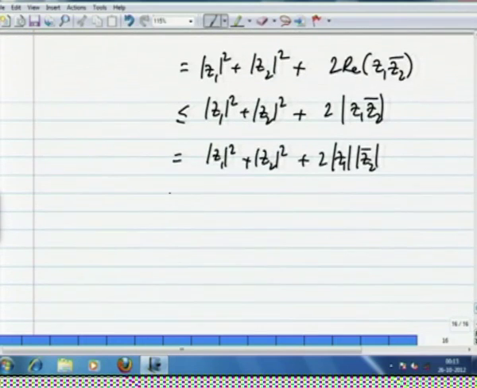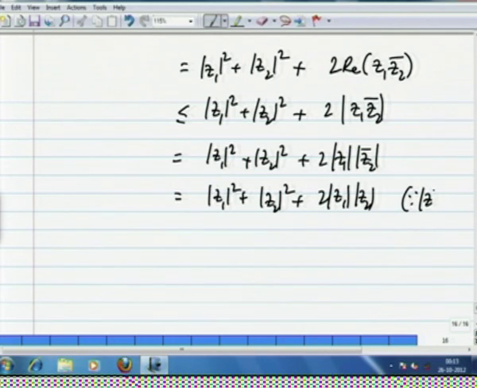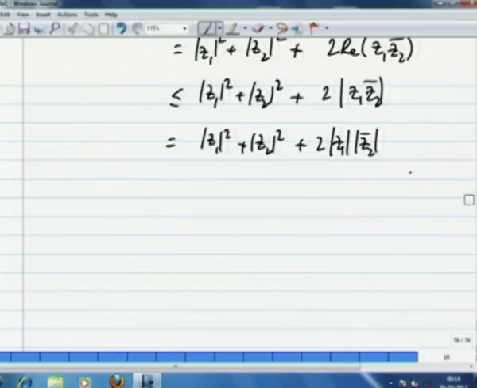And then the modulus of a complex number is equal to the modulus of its conjugate. So, this gives us modulus of z 1 squared plus modulus of z 2 squared plus 2 times modulus of z 1 times modulus of z 2. That is because mod z is equal to mod z bar. Please verify this again.